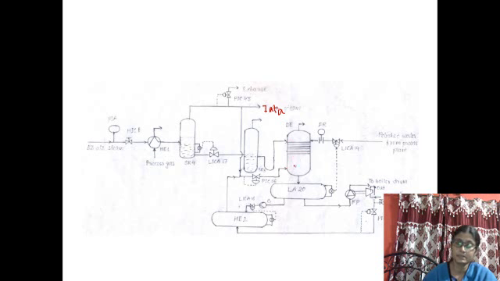So these are the spraying layers. That means water will fall from the top to bottom through the spraying layers, and the high speed steam will carry out the oxygen present within the water. That is the process of deaeration.